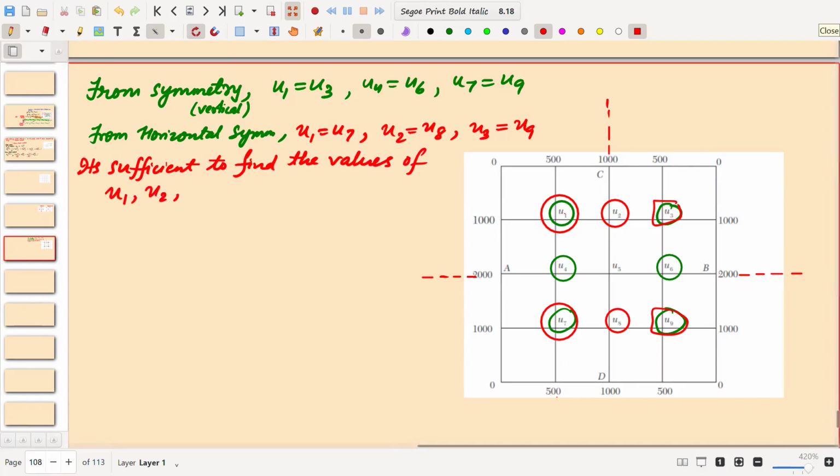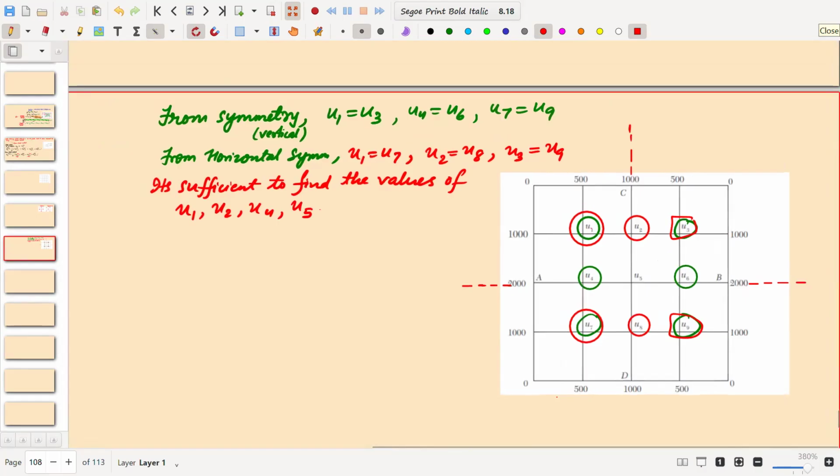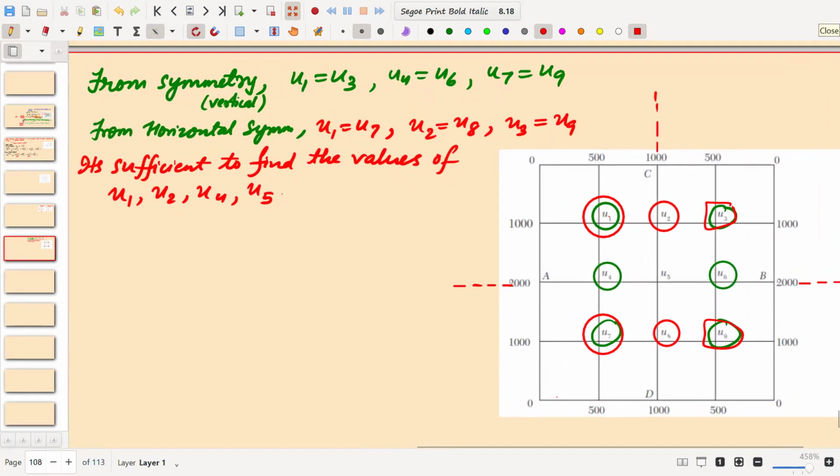If you can find these values, you can find all other values. How can we find those values? Can anyone tell? We have to use the diagonal 5-point formula.